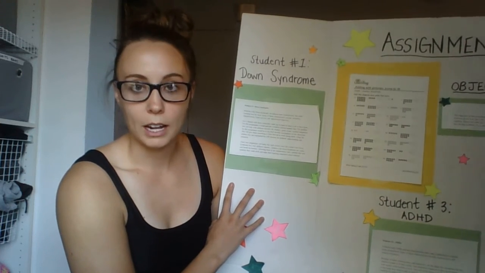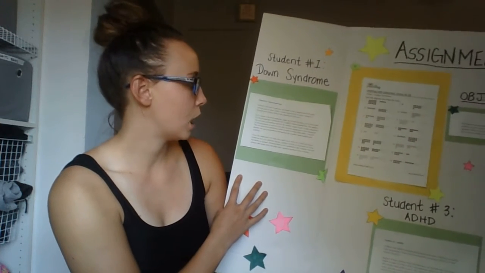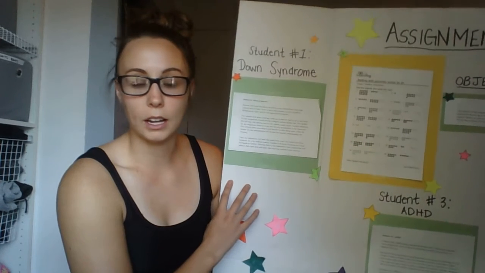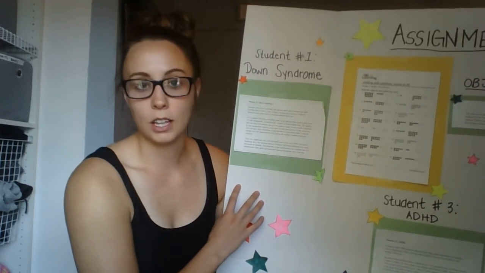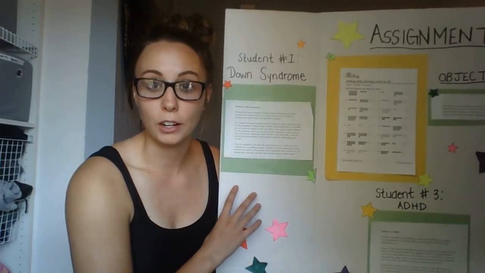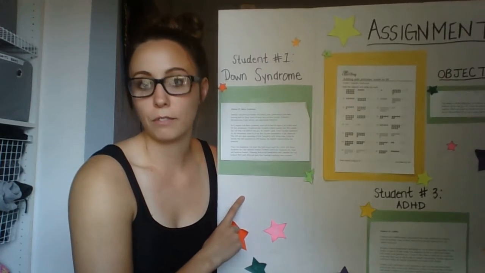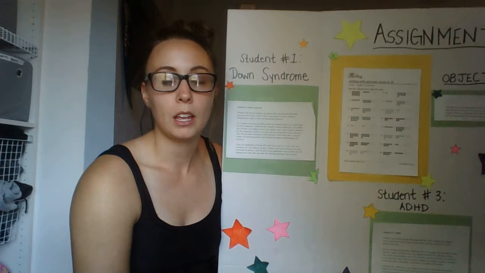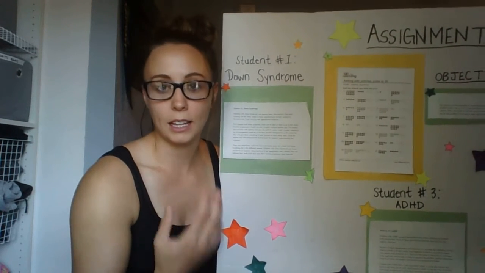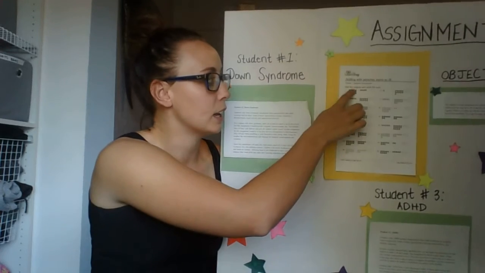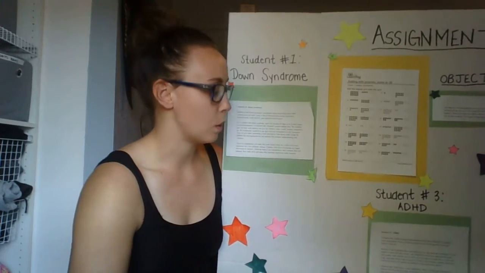So there's a few different adaptations we could do for this lesson. Those would include providing a brightly colored number line and also allowing them to use different manipulatives from the classroom, whether that be counting bears, stacking cubes, anything like that they can use to count out these equations.